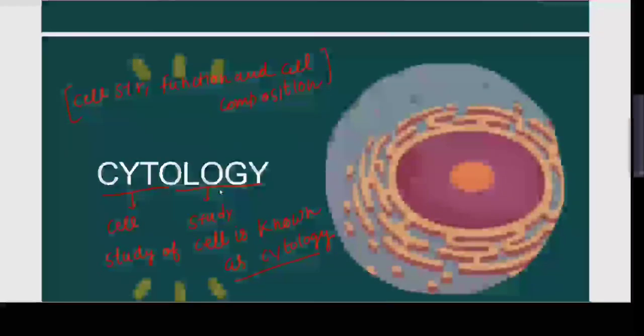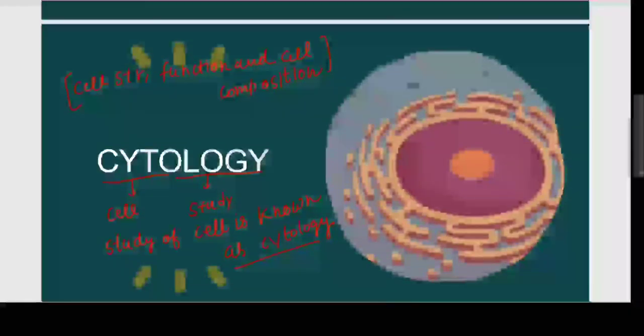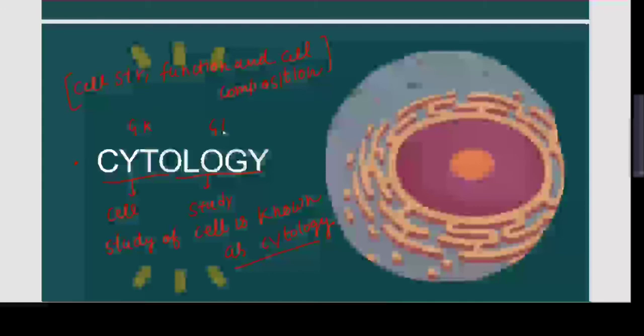unit of life. The next topic is, what is cytology? Cytology is basically the study of cells. The word cytology is made up of two Greek words. The first one is cyte, and the second is logi or logos. The meaning of cyte is simply cell, and logos means study.